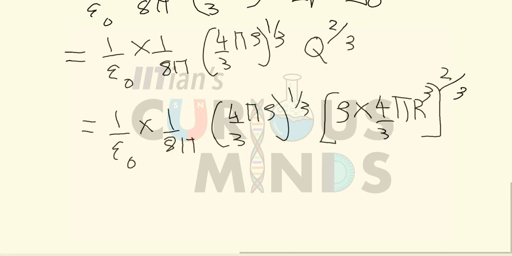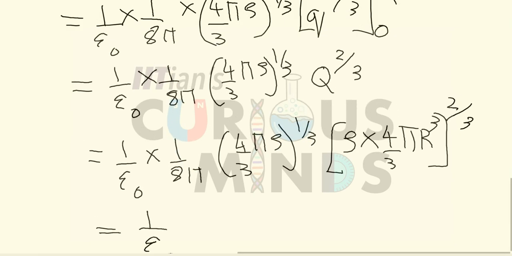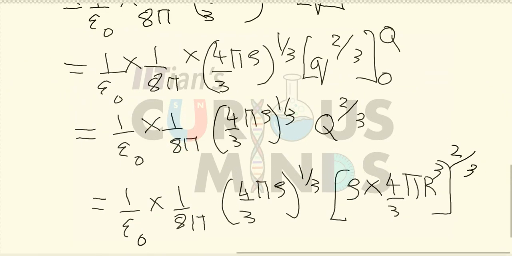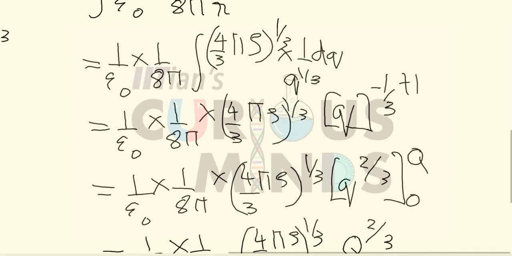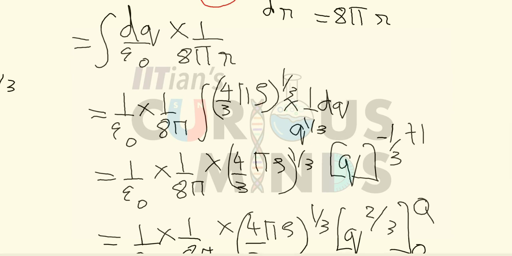If I consider this part, it is equal to 1 by rho naught, and there is also an r in the denominator, because when I differentiate this part there is an r in the denominator.